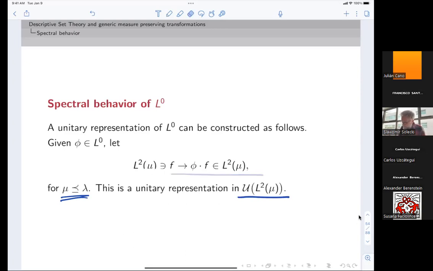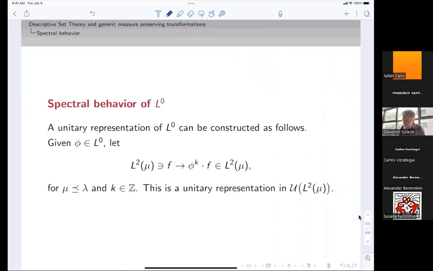But one can do a little bit more. Instead of multiplying the function by phi, I can fix an integer k and multiply f by the kth power of phi. If k is fixed and mu is fixed, it is still a unitary representation.